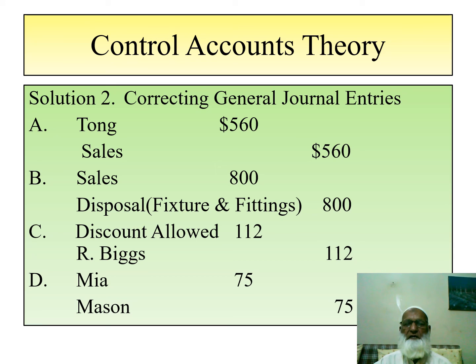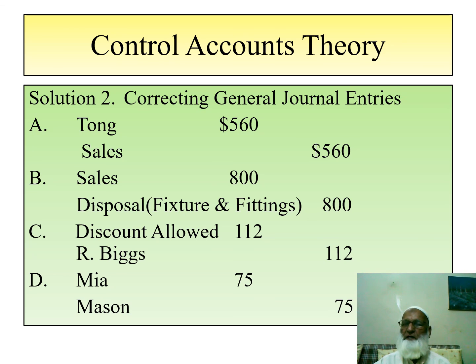And the fixtures and fittings are disposal, meaning whatever the owner's business is, this is not the main business of the owner, so the sales are recorded, but a disposal account is used for recording fixed assets, $800. Okay, and discount allowed is 56.